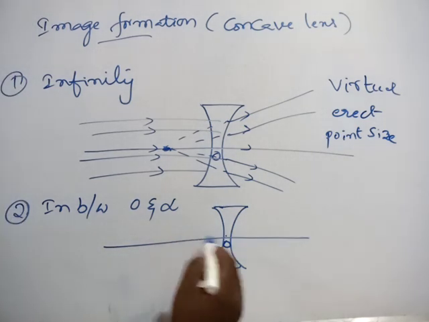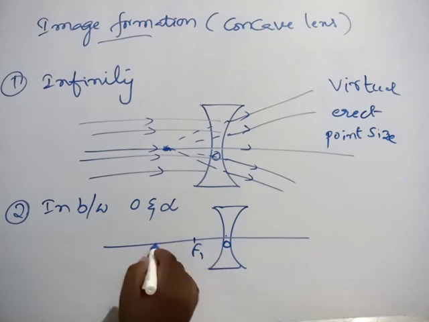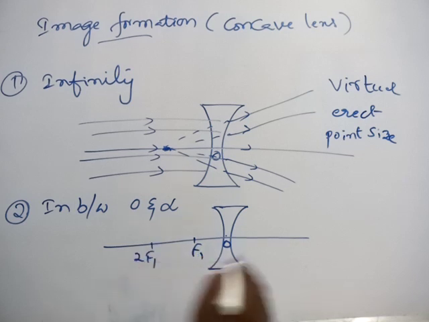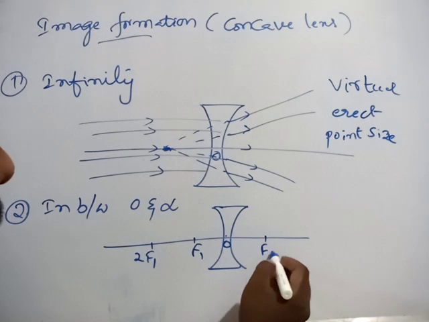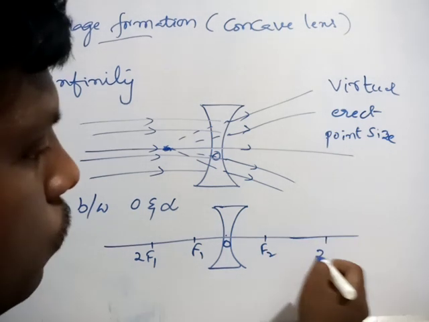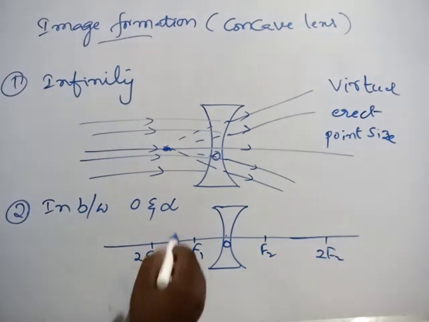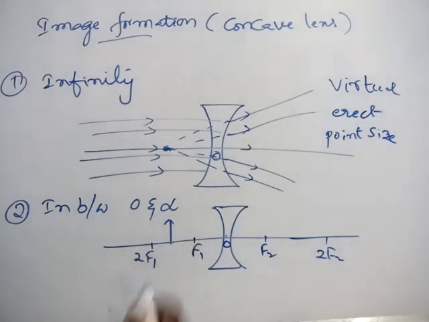For example, this is F1, 2F1, F2, 2F2. I placed the object here in between 2F1 and F1.